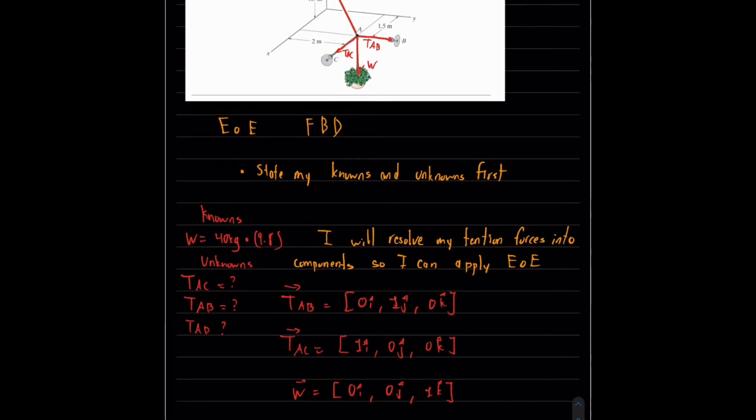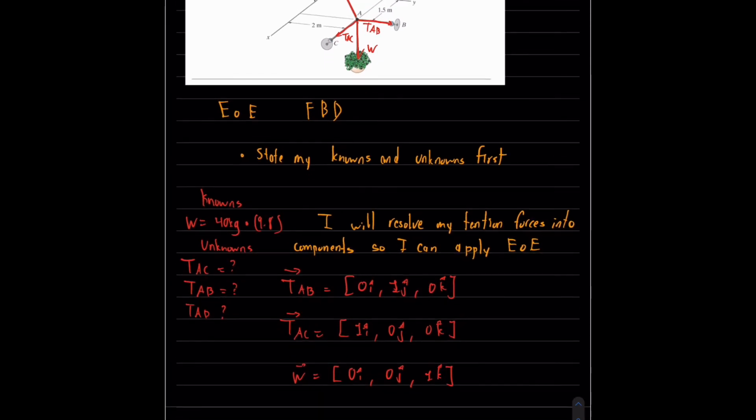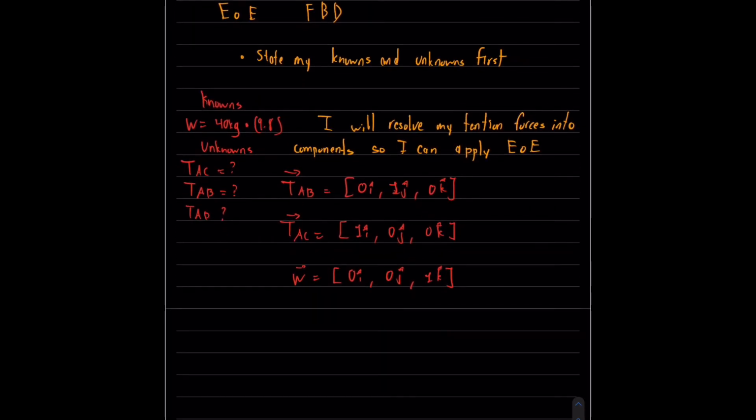Now, I already wrote my components for tension AC, tension AB, and the weight of the pot. For tension AD, this requires probably a free body diagram drawn out because it may be harder. So, for tension AD, I will make a free body diagram.